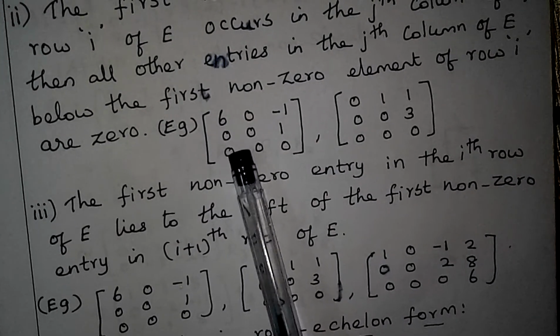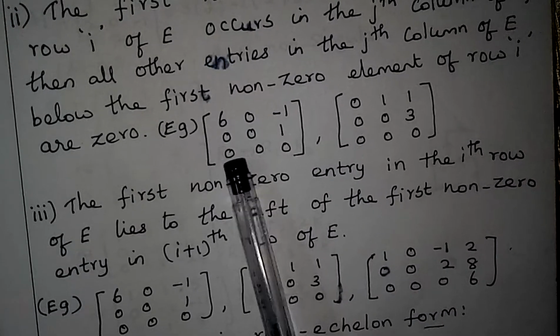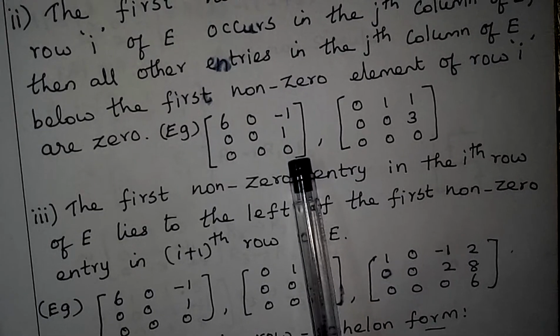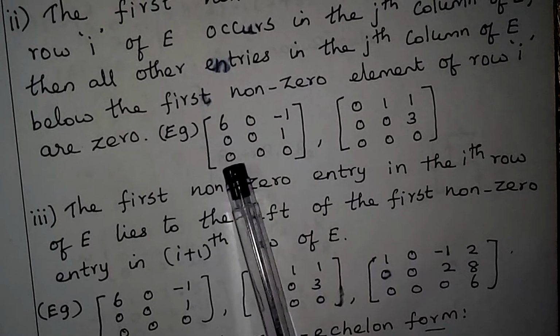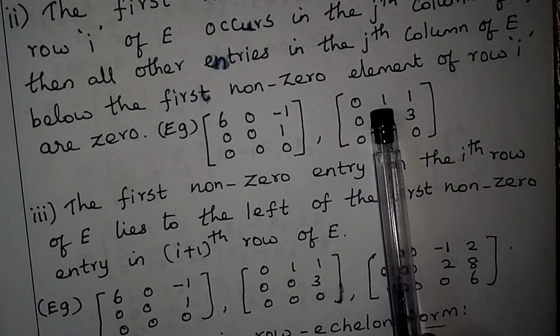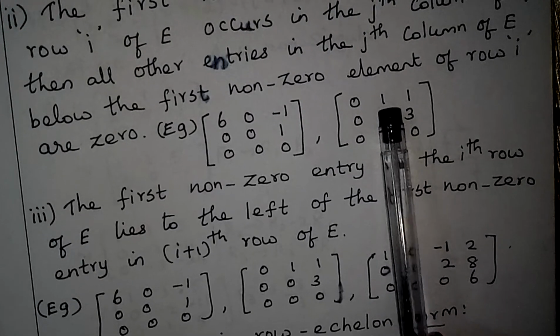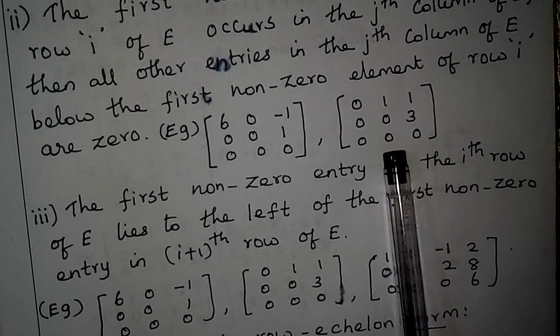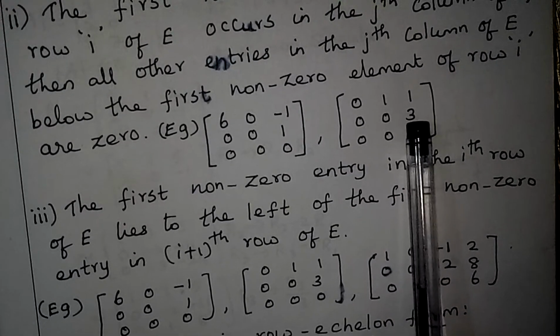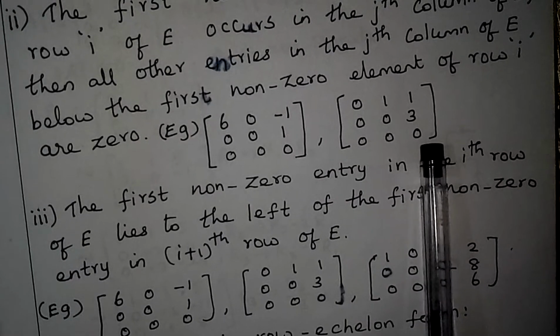Below that, all the elements will be 0. In the same way, here the second non-zero element is 1. Below that, the terms will be 0. Only then it will be in echelon form. Similarly, here the first non-zero element in the first row is 1. Below that all the elements will be 0. The first non-zero element in the second row is 3. Below that the term is 0.